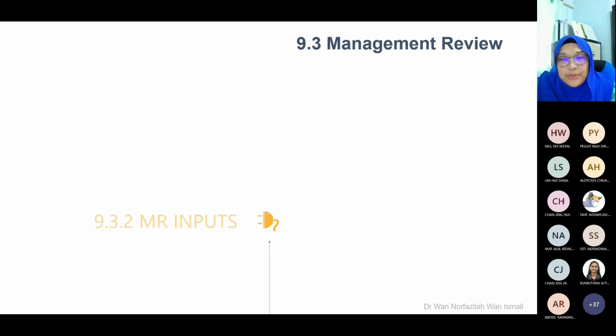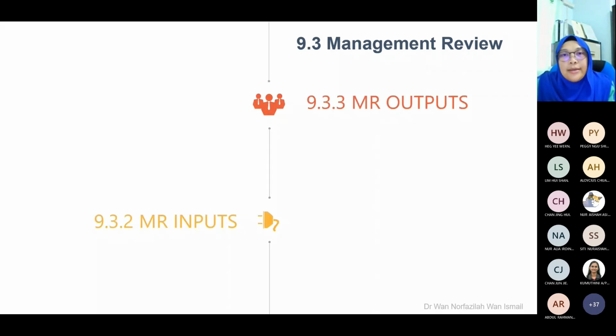Okay. 9.3, management review. So here, management review is where you report your internal audit, for example, but not limited to that. So what are the input for management review? 9.3.2, you can update the status of action that you take when you have non-conformity, you take action, you do correction, that one is status of action.